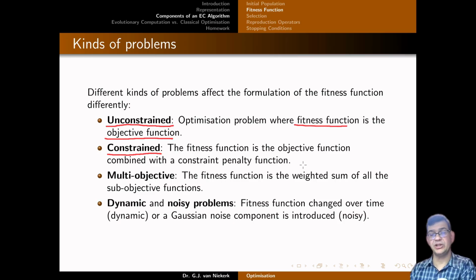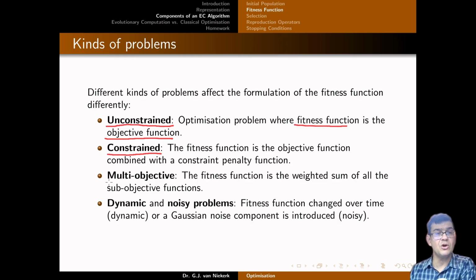The objective function is that the value of the bag needs to be as high as possible. But the fitness function is that the bag needs to be as valuable as possible, but you are not allowed to exceed the maximum weight that the bag can carry. So now there's a constraint. Optimize the bag, make it as valuable as possible, but you cannot exceed the maximum weight. So that's a constrained problem.